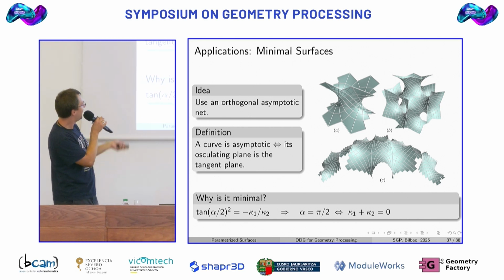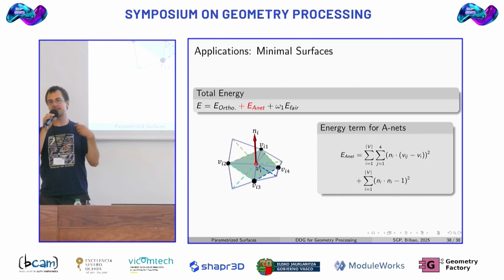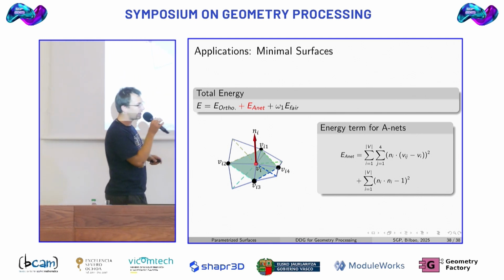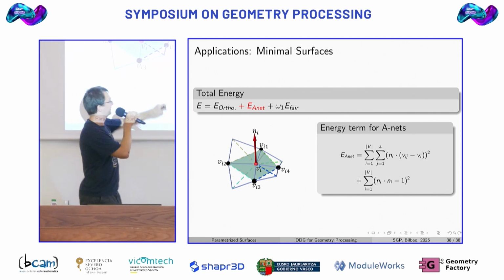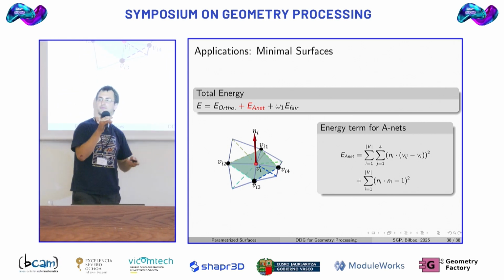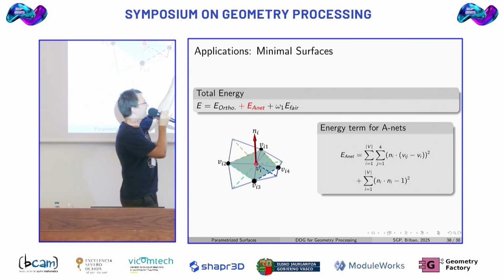Okay. And now we just need to know what asymptotic means, and this fact that the osculating plane is the tangent plane translates to the discrete setting as every vertex star being planar. So this vertex and all its neighbors lie in the same plane, and this is easily formulated in an energy term.